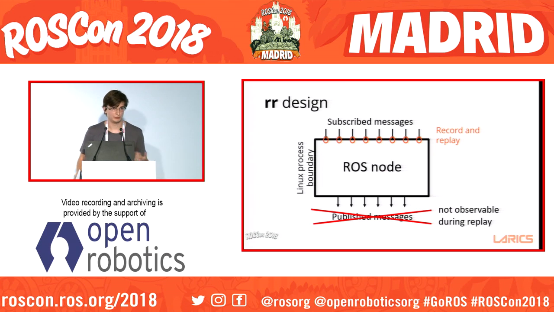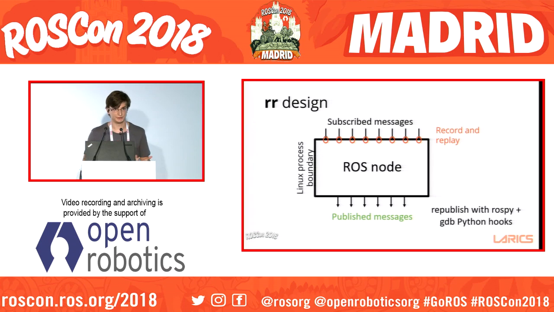This means that we do not get messages which were published in the original execution when we are doing the replay. And I really wanted to visualize what was going on inside the replayed process. So I hacked together some Python, ROSPy, GDB hooks, which republish the messages when you are replaying the recording, just like they were published during the original execution.